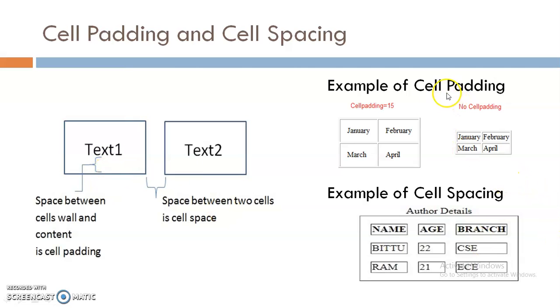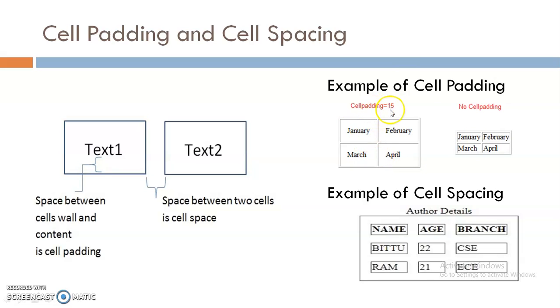Now an example of cell padding: here this table shows the data without cell padding, so it looks like this. If we write cellpadding equal to 15, then the output of this table looks like this.